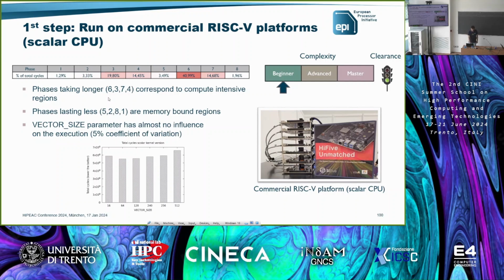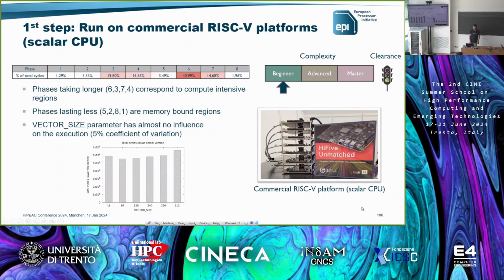We also see in this plot, with the different vector sizes on the x-axis, that if I change vector size, the number of cycles doesn't change much. You have a little bit of fluctuation, but basically when you run scalar there isn't much. At least we were able to run scalar, so that means that we don't have dependencies with intrinsics, and we don't have CUDA code interfering.